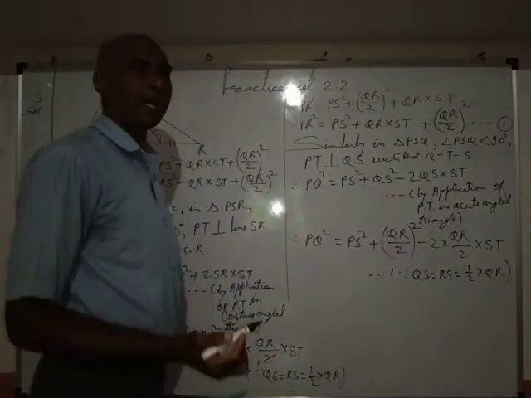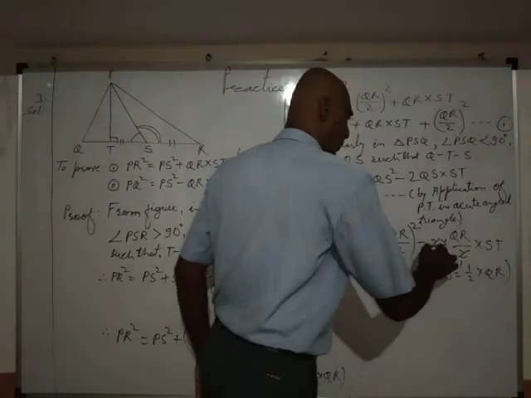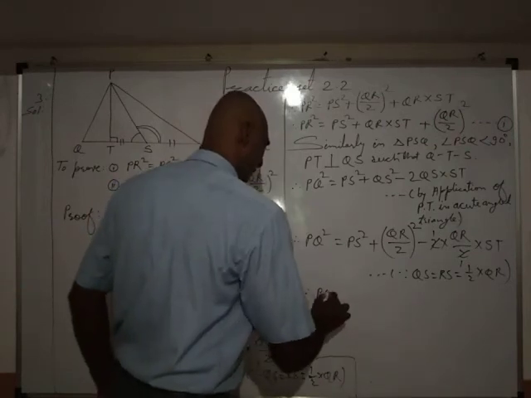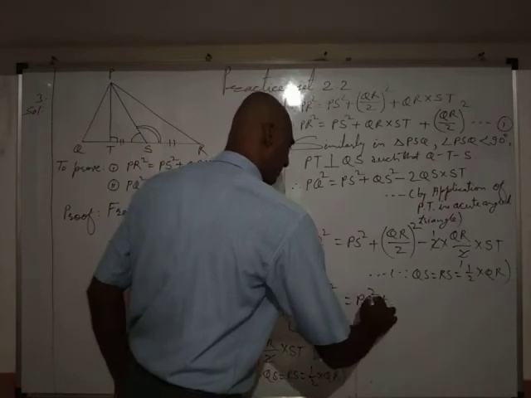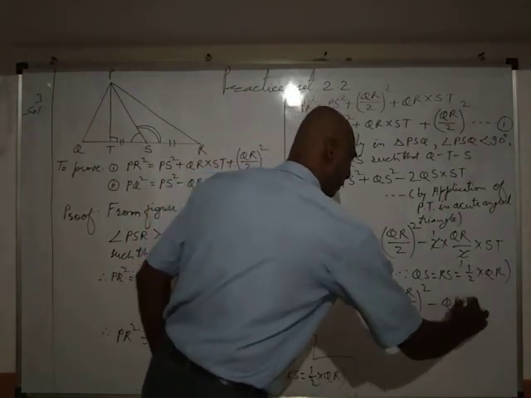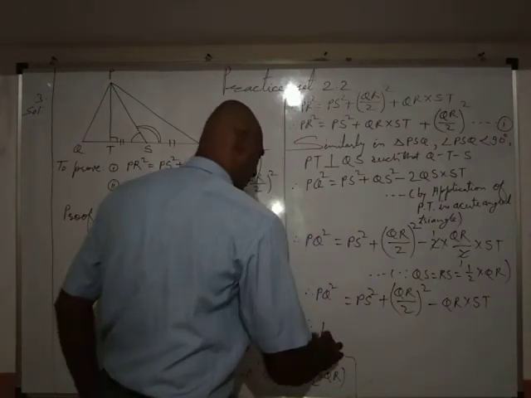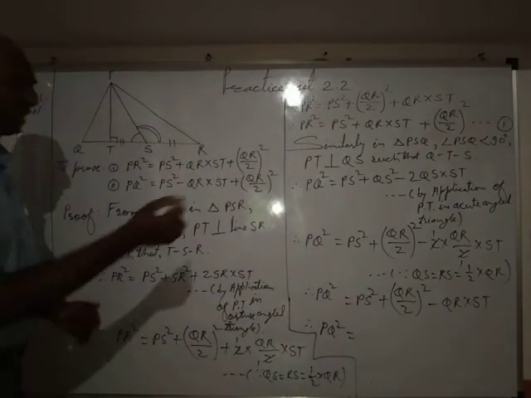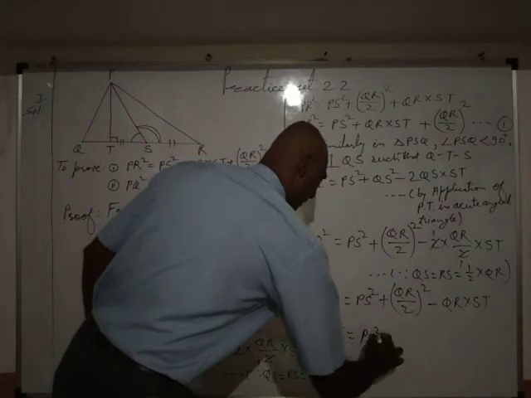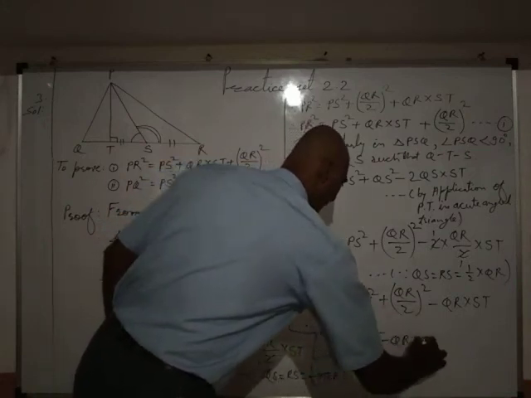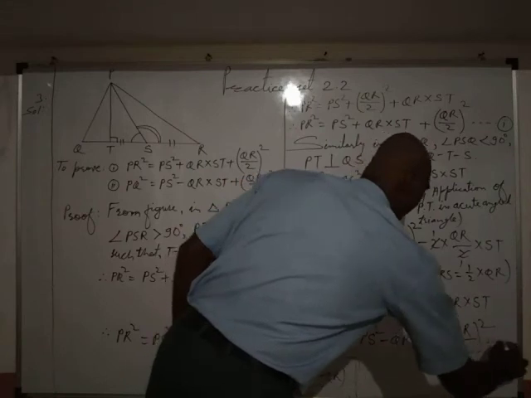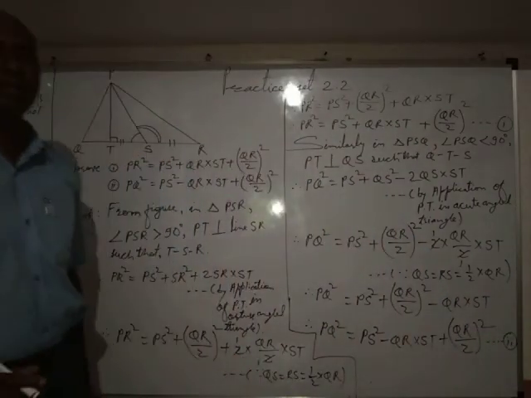The 2 ones are 2, the 2 will get cancelled, and therefore PQ square equals PS square plus (QR upon 2) its square minus QR into ST. Let's rearrange the right side to get PQ square equals PS square minus QR into ST plus (QR upon 2) its square. Equation second, hence the proof.